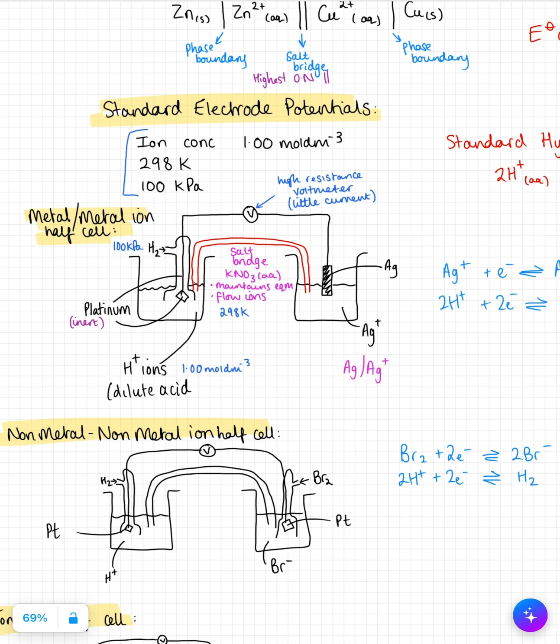Silver chloride is insoluble, so we would end up with a precipitate of silver chloride, therefore taking silver ions out of our equilibrium, which is what we do not want. We want to maintain equilibrium so that the concentration of the ions remains constant. So therefore we typically use a nitrate salt bridge, or any other salt that is not going to result in a precipitate.